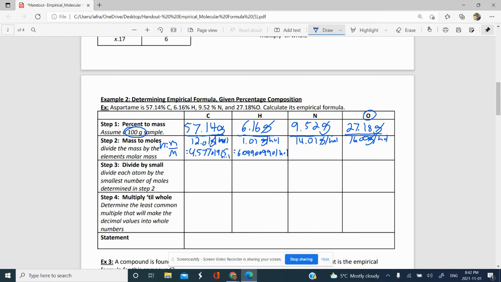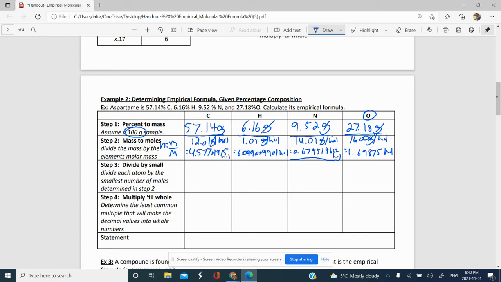And then 9.52 divided by 14.01, we get 0.679514632 moles. And then over here we get 27.18 divided by 16, 1.69875 moles.